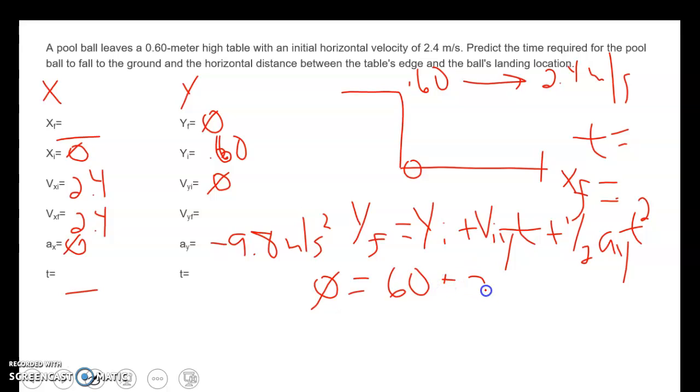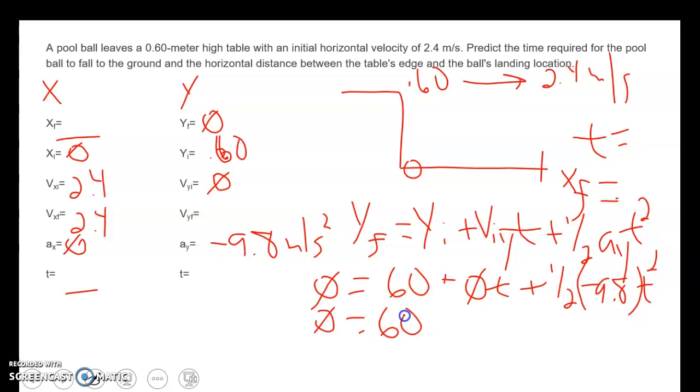My initial y velocity is 0. I don't know time. Plus 1/2 times negative 9.8 t squared. And my equation is going to be 0 is equal to 0.6, that's going to be nothing, minus 4.9 t squared.